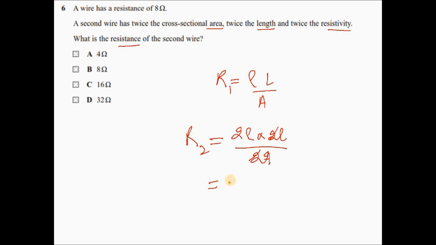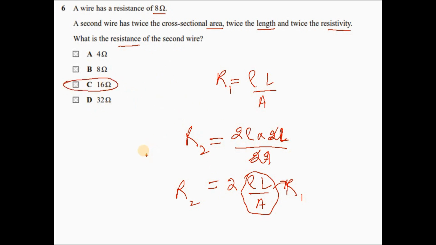Finally you have 2 rho L upon A. This is L, length, and this is R1. That means the resistance of the second conductor is double the first conductor. So this is 8, double of 8 is 16. Option is C.